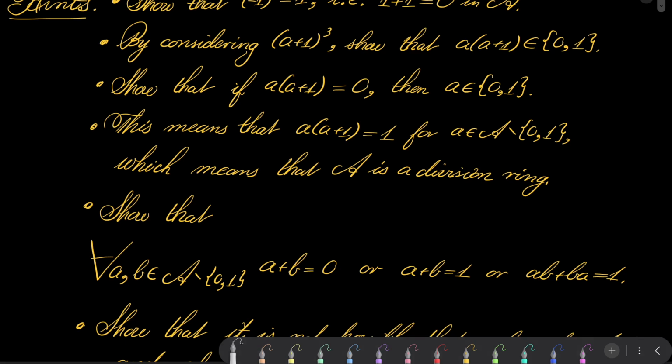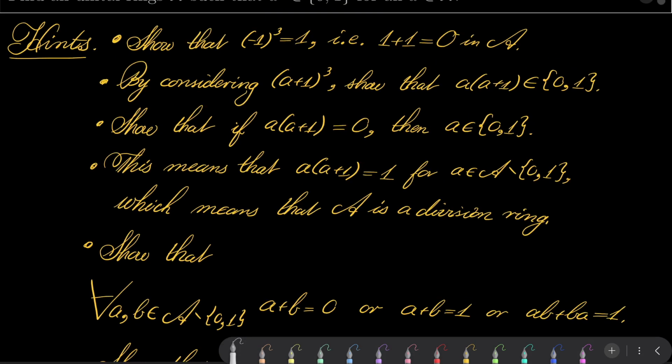First, show that our ring is of characteristic 2, so 1 plus 1 equals 0 in our ring, by considering minus 1 cubed. Second, consider a plus 1 cubed and show that a times a plus 1 is either 0 or 1.